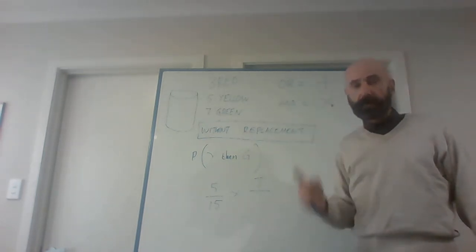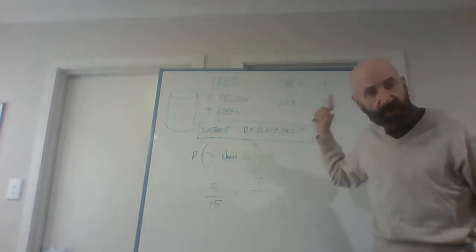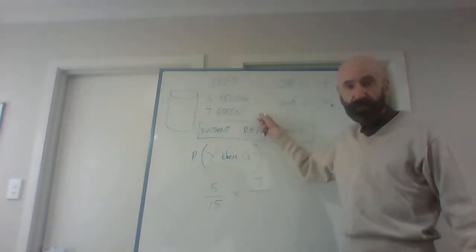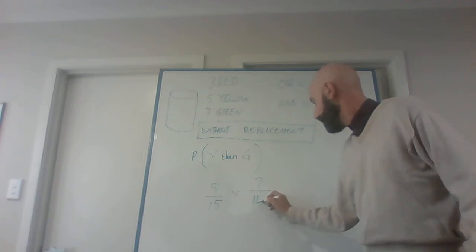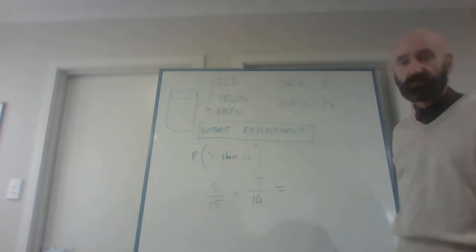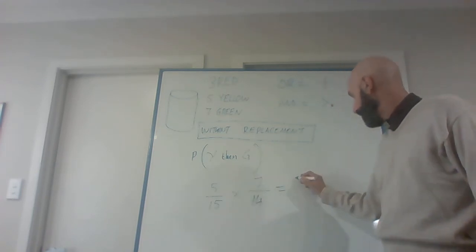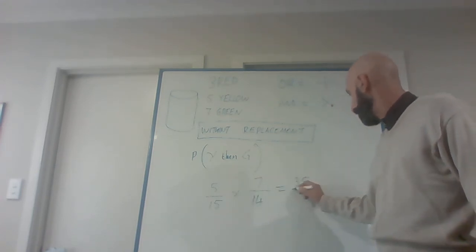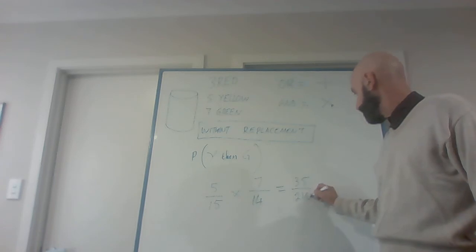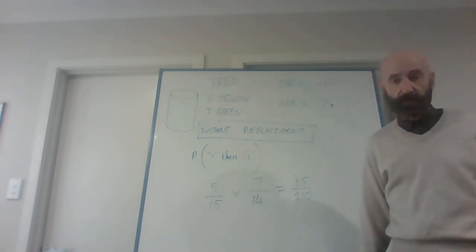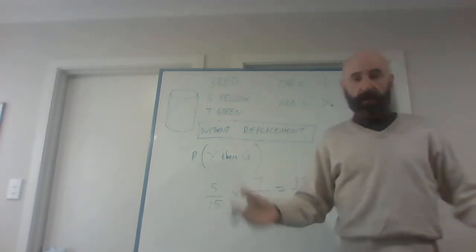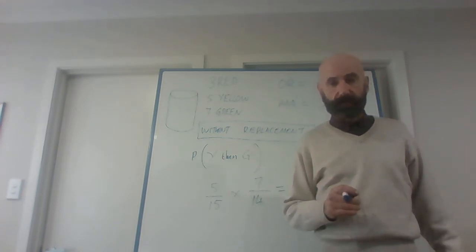But because I've already taken a yellow one out without replacement, I've only got 14 left. There. Multiply my 2 fractions together, and that's 35 over 210. There. And I can simplify it again if I want to. Gents, that's the basics of it.